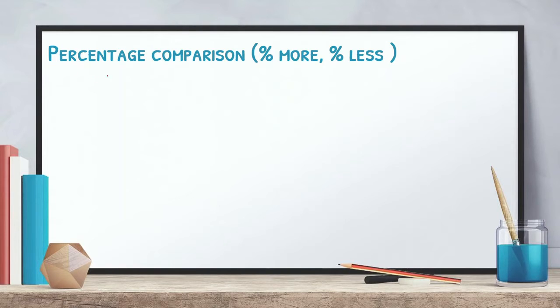Let's say A and B are two friends, and A got 40% in his exam, whereas B got 80% in his exam. So that means A got 40 out of 100 and B got 80 out of 100.